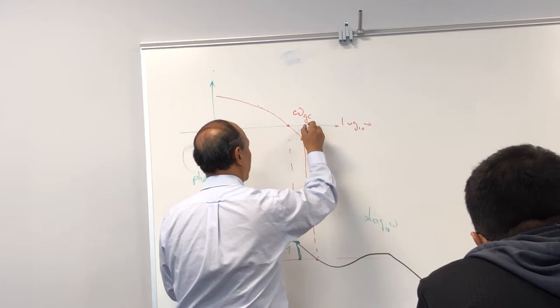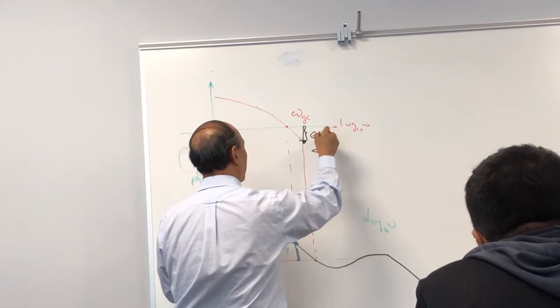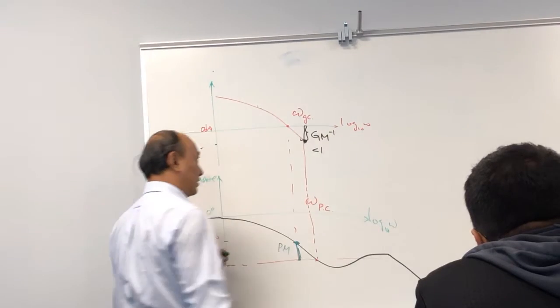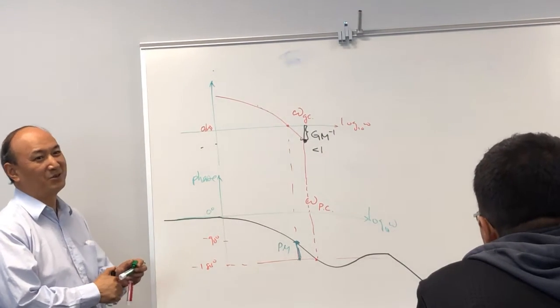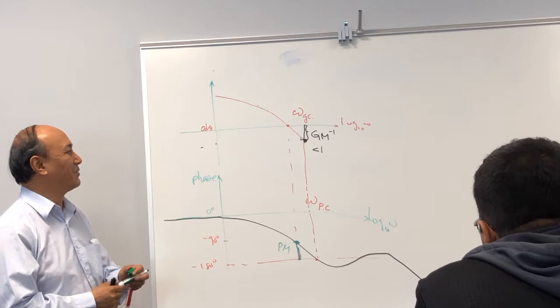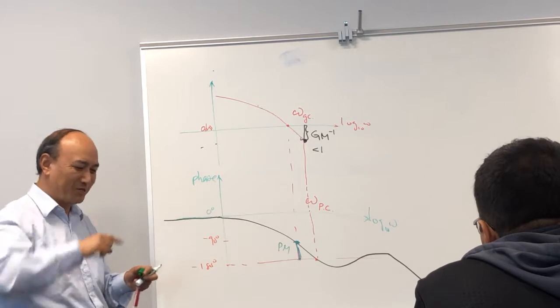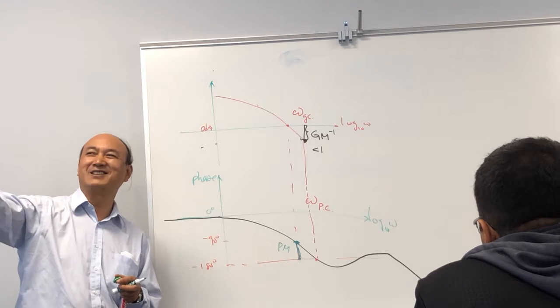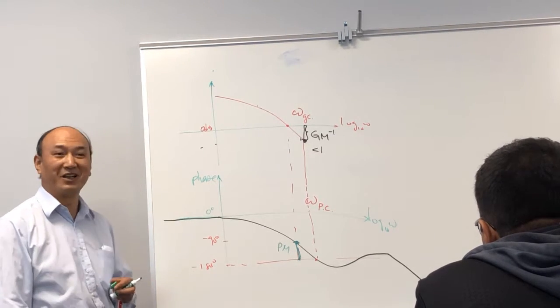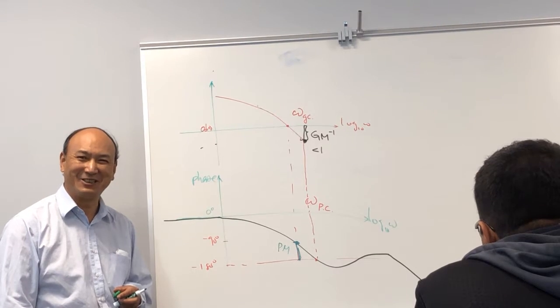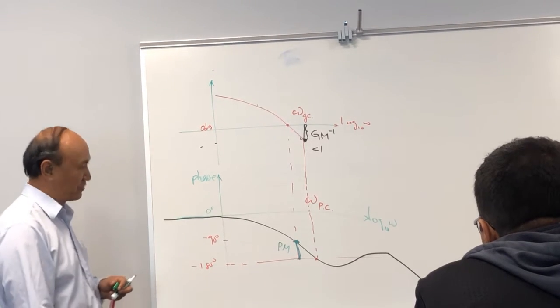So this distance here is called the gain margin. Gain margin, 1 over gain margin. The reason we say 1 over gain margin is exactly due to this small gain theorem. We didn't teach you that, but it is true.